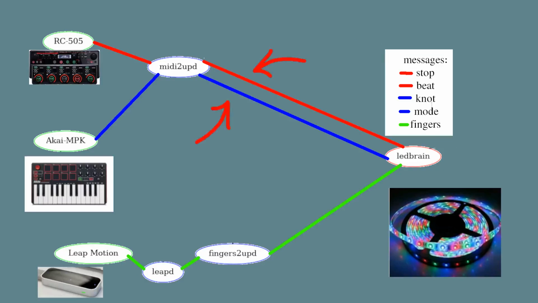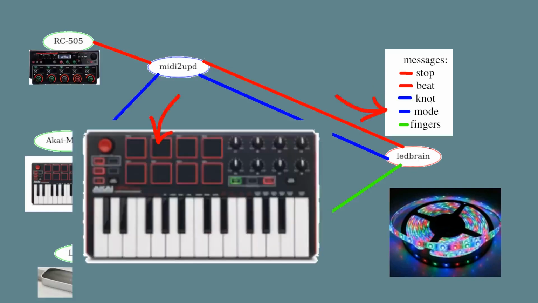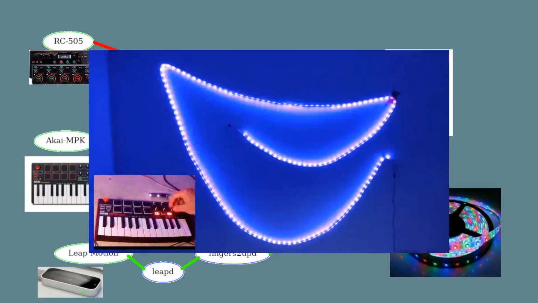They have 3 different sources. The RC505 will send stop and beat messages. The MIDI controller will send note and mode messages. The mode is from the pads and the notes from the notes, and the different programs in the LED brain will use this information in different ways, as we'll see later.